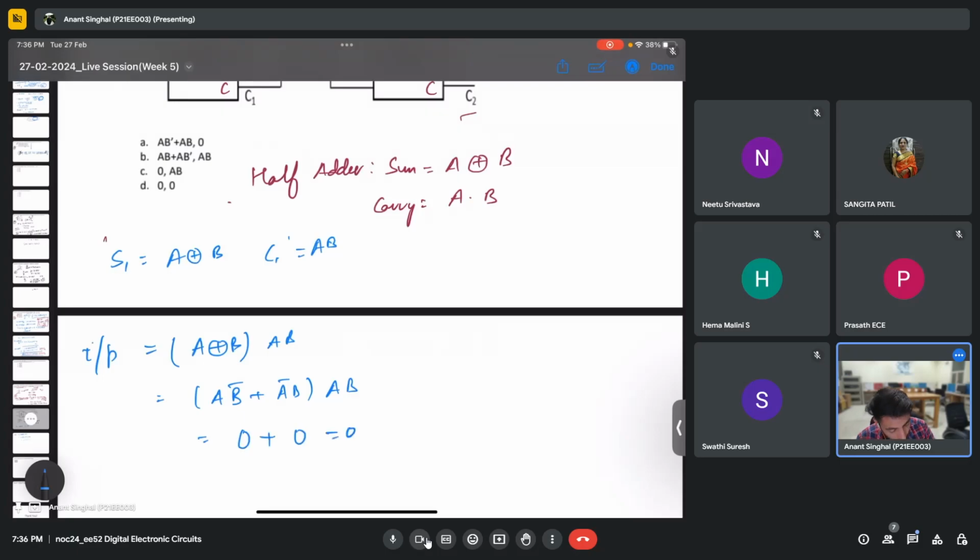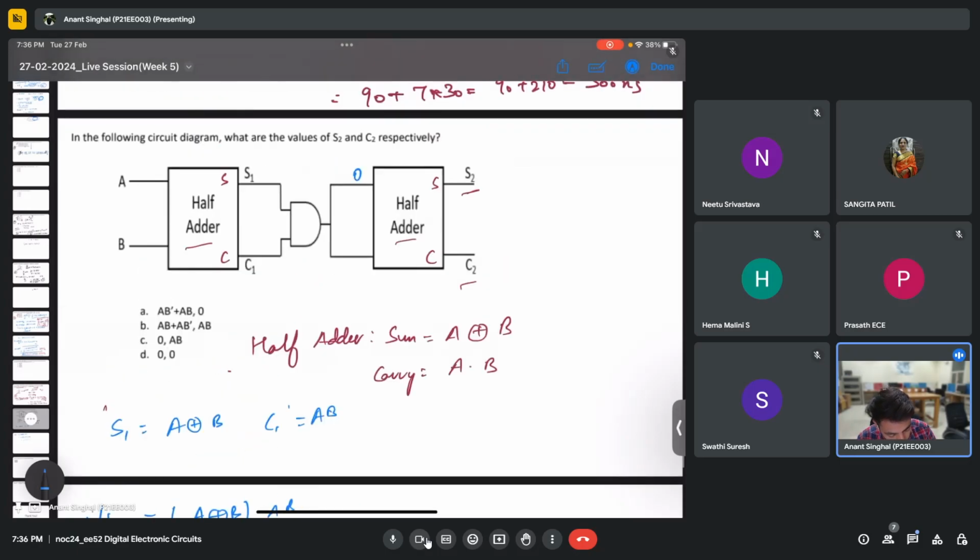Both of them are getting a 0 input by the AND operation. So finally S2 will be 0 XOR 0 and C2 will be 0 times 0. So this is 0 and this is 0. So option D is the correct answer.